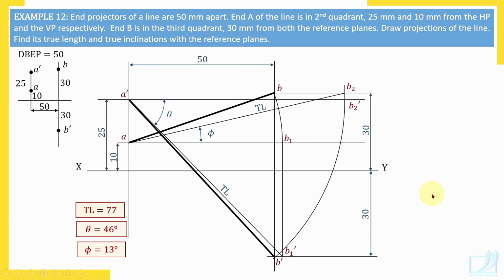But when you use the compass, certainly you will get one extra point and then proceed as usual with horizontal and vertical lines and rotation. This is how we complete problems on projections of lines very mechanically. And whatever information is asked, for example, find true length, find true inclinations, you can measure in the drawing.